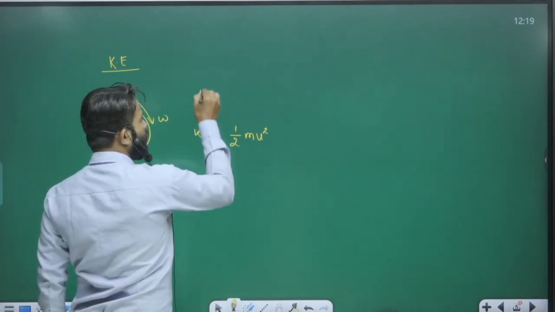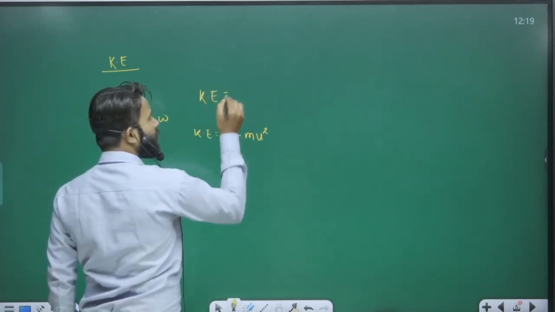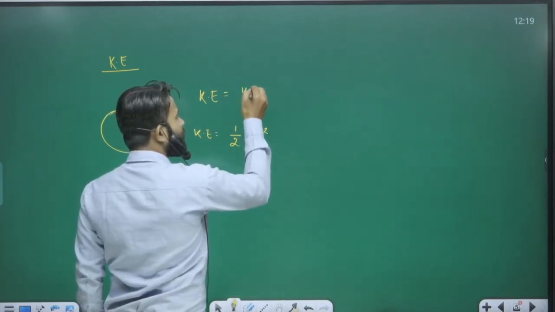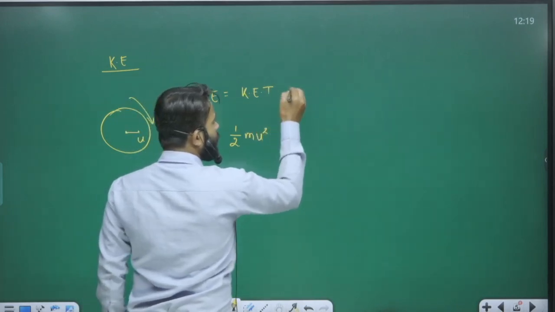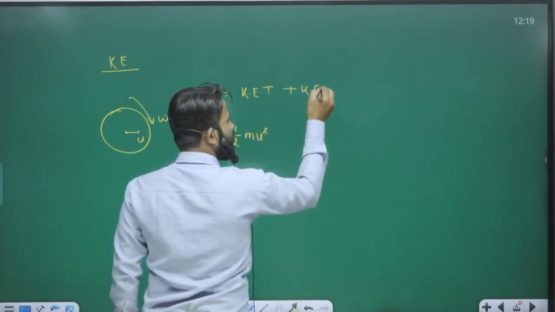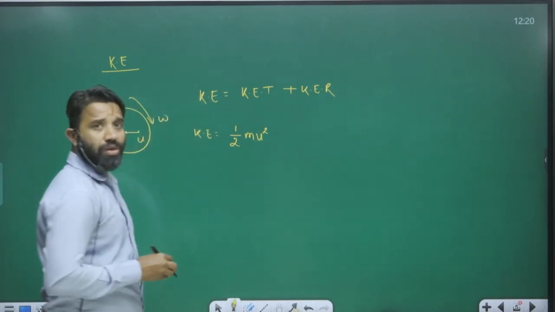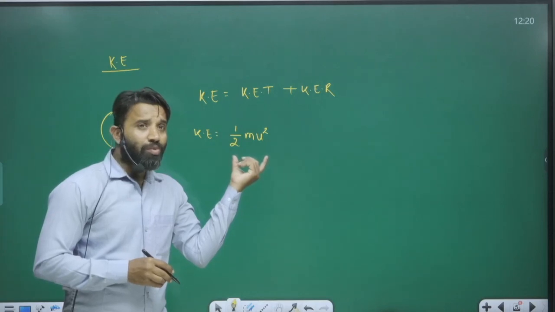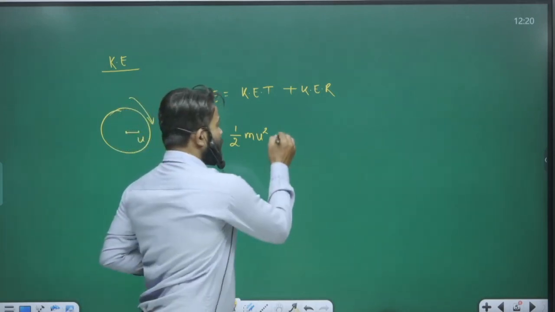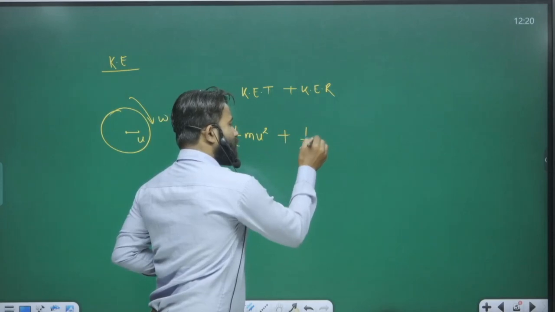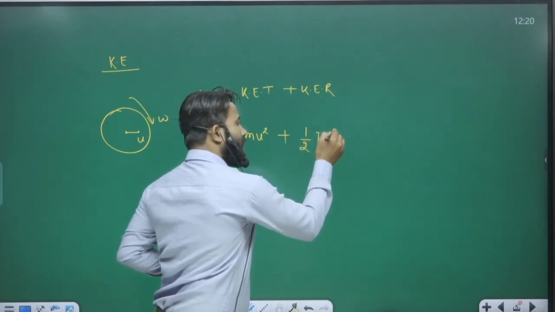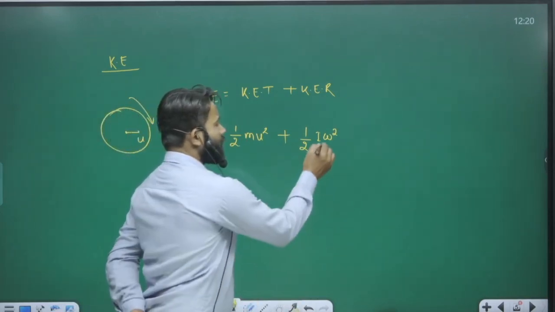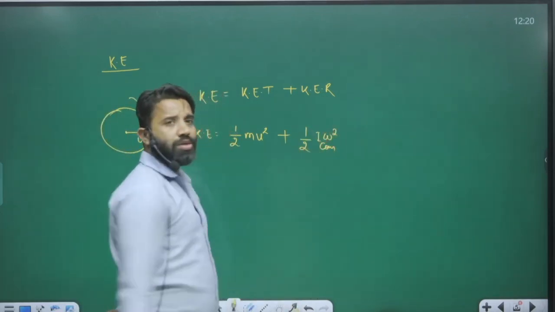So, what I told you is that the kinetic energy of a body performing combined translation plus rotation is the kinetic energy due to translational motion plus the kinetic energy due to rotational motion. Got my point? So, the kinetic energy due to translational motion will be written as half m u square, plus the kinetic energy due to rotational motion, which will be written as half I omega square, and this I is I COM.